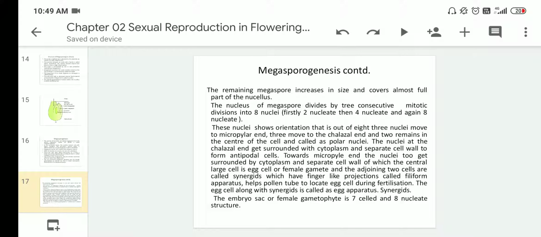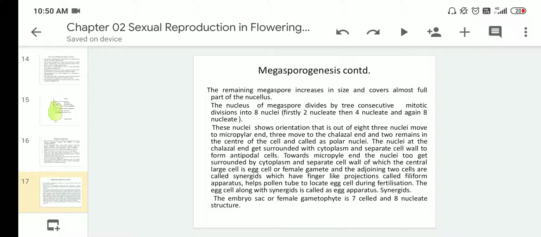These nuclei show orientation, that means they reorganize. That is, out of the 8, 3 nuclei move to the micropylar end, 3 move to the chalazal end, and 2 remain in the center of the cell and are called polar nuclei.